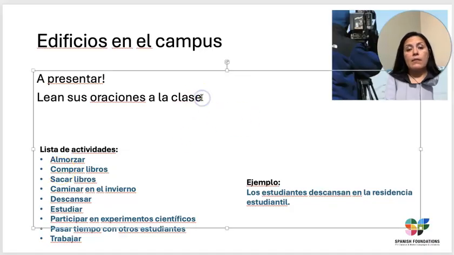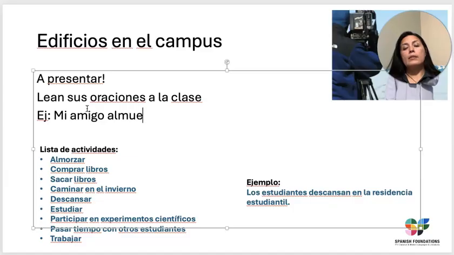So for instance, if we were going to use almorzar in a sentence and we were going to place a location for it, you could say yo almuerzo, or you could say mi amigo almuerza en la cafetería.